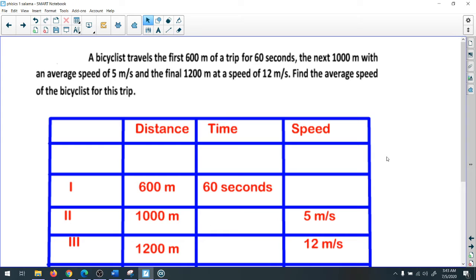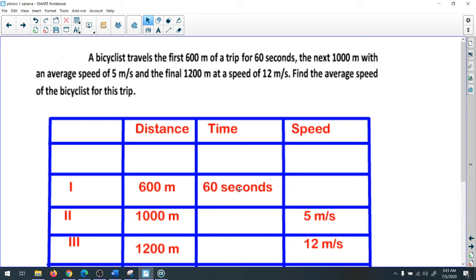So we have this example here. A bicyclist travels the first 600 meters of a trip in 60 seconds.